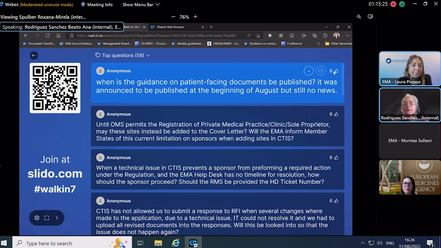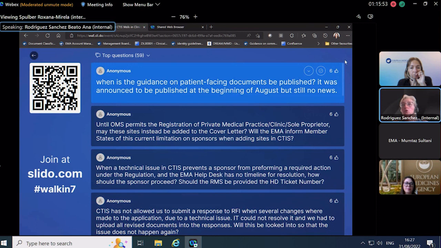I think probably this relates to work that is undertaken by the Commission through the clinical trial expert group, like for example, advertising documents. I'm aware that there are certain documents that are not explicitly indicated in the regulation, and therefore there are no placeholders for those documents.